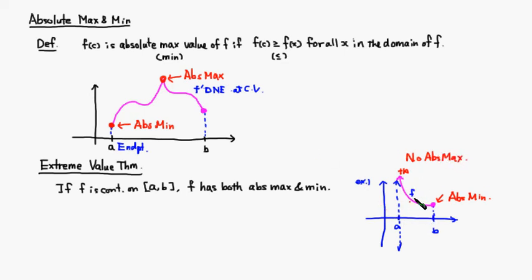So the reason why this extreme value theorem does not apply to this graph is that this is only continuous on a half open, half closed interval, because A is not included there. So it's important to have a closed interval.